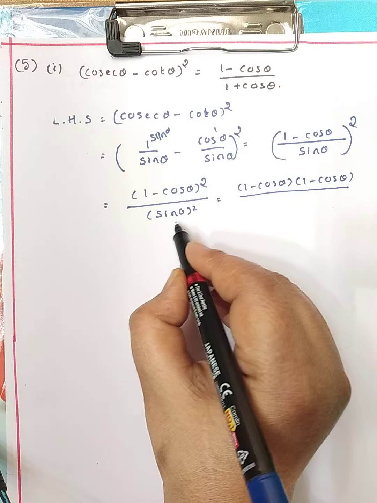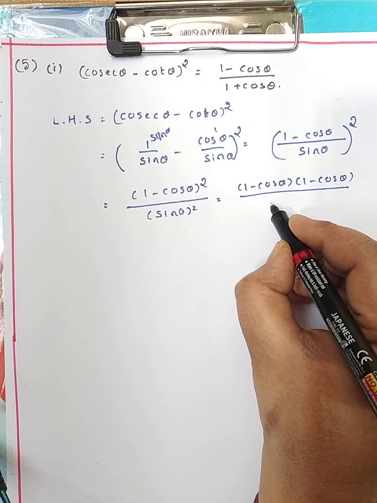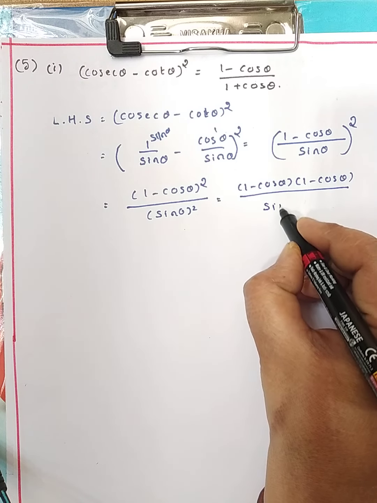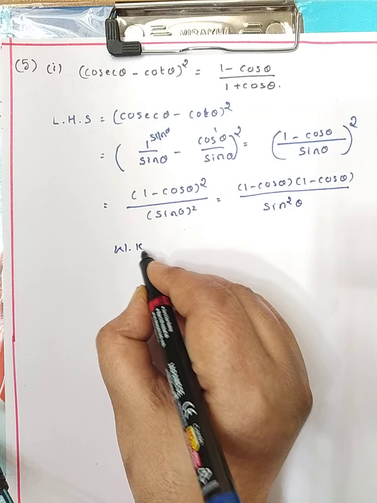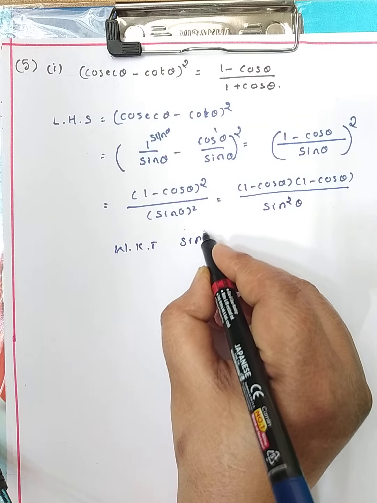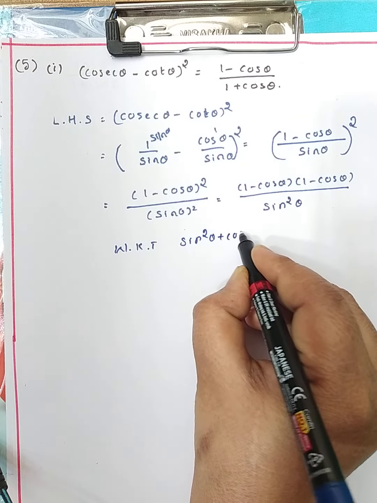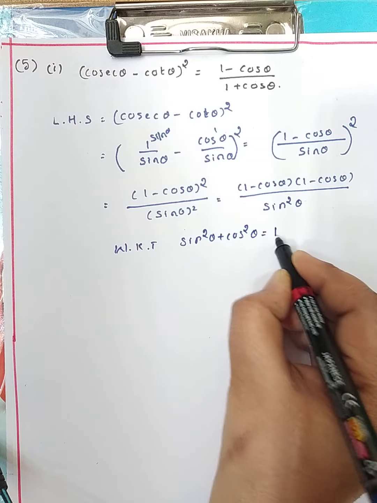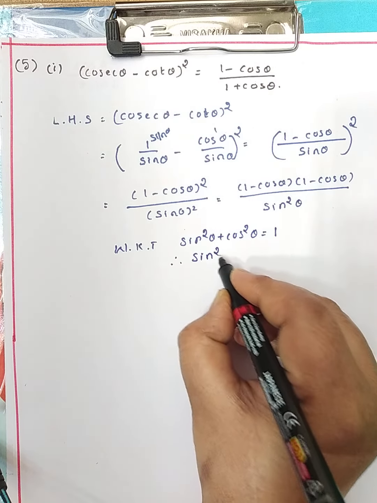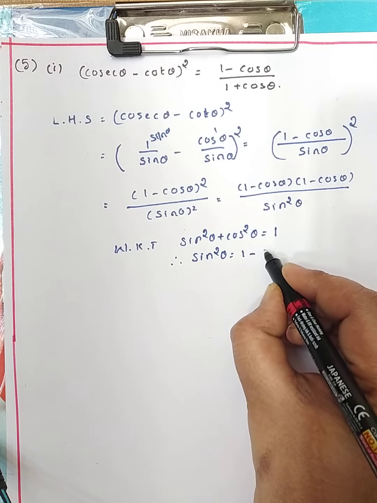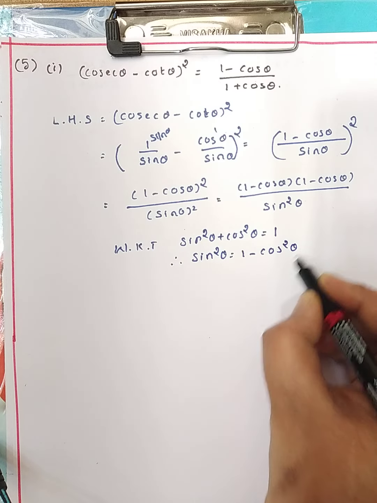Now for solving the denominator, sin theta whole square, we will write it as sin square theta. We know that sin square theta plus cos square theta equal to 1. Therefore, sin square theta equal to 1 minus cos square theta.